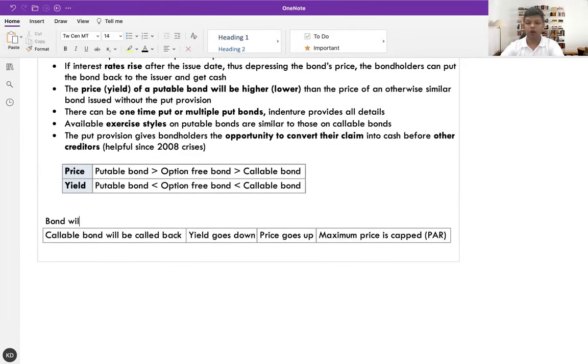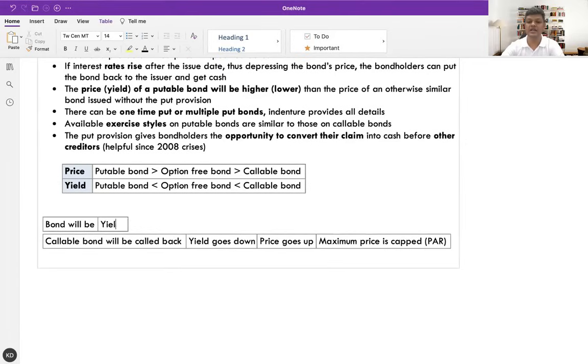Right? So the bond will be called back when the yield goes down, or when the price goes up.